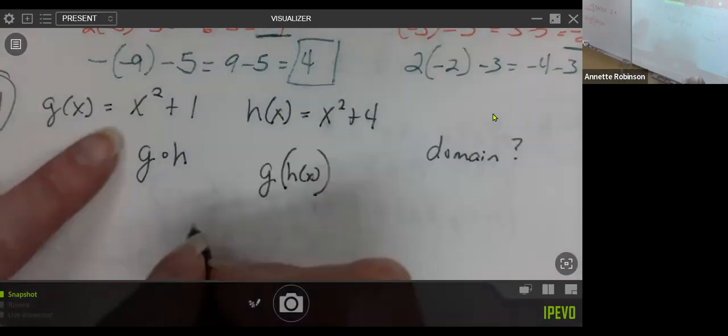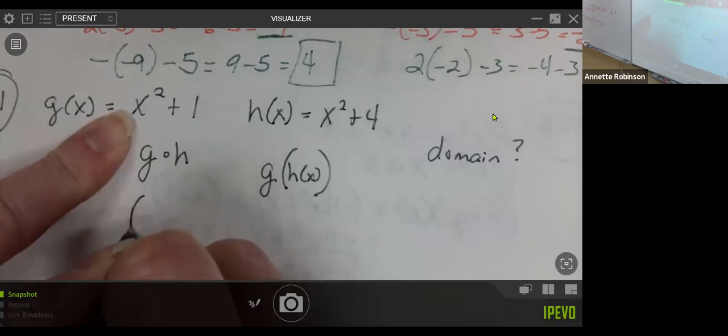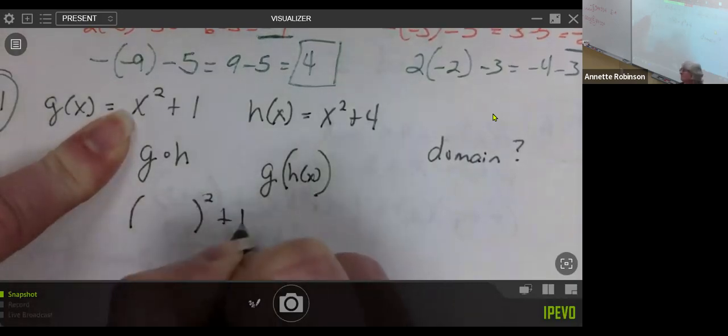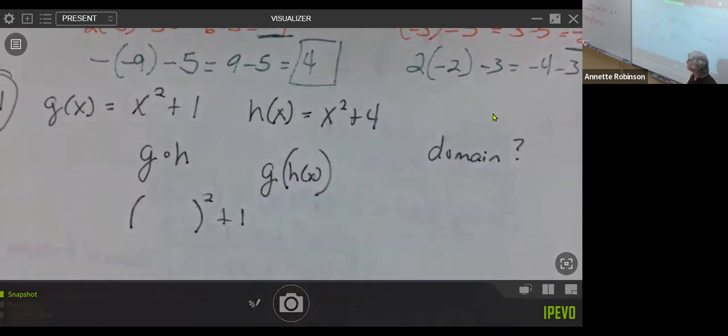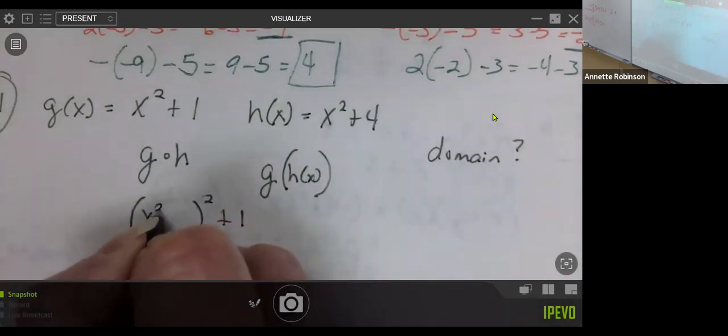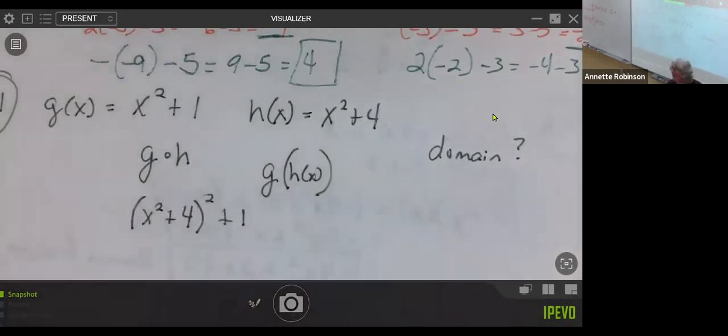But when you come to an x, I want you to pull it apart into a set of parentheses. Guess who's going in the parentheses? Bingo. So inside that parentheses, I've got to put x squared plus 4. Then I've got to clean it up.